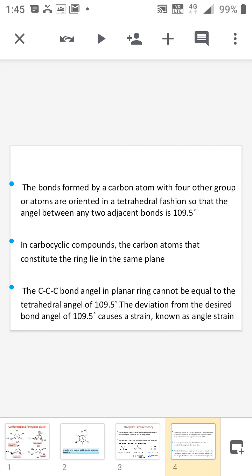Next, the third point in Baeyer strain theory states that the C-C-C bond angle in a planar ring cannot be equal to the tetrahedral angle of 109.5 degrees. The deviation from the desired bond angle of 109.5 degrees causes some strain, and this strain is known as the angular strain.